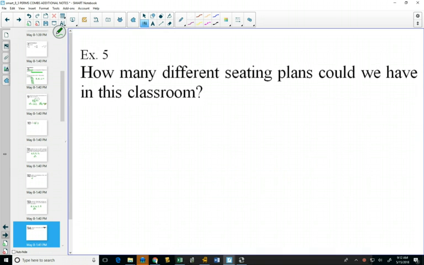If we think about our class, 5, 10, 15, 20, 25, 30, there's 33 desks in here right now, and there are 5, 10, 15, 22 of you here.